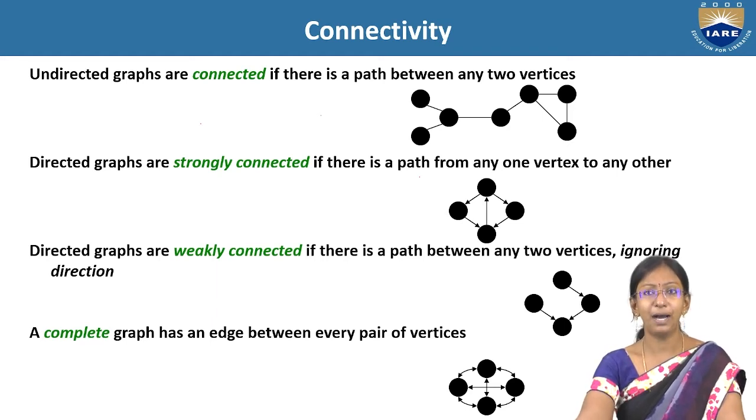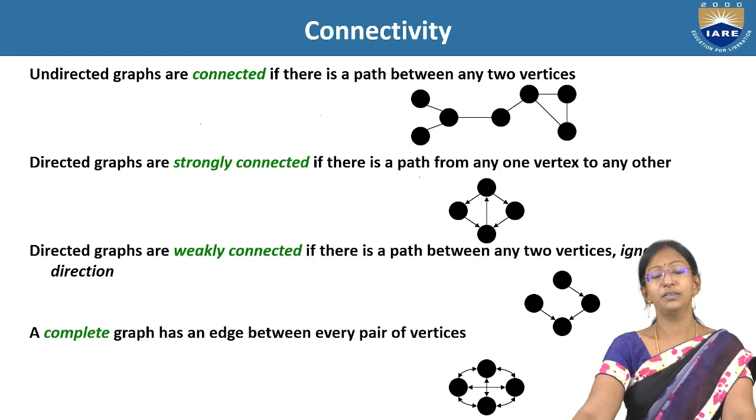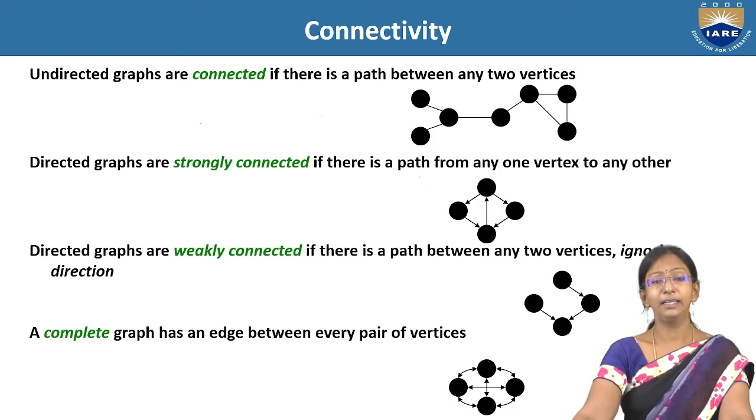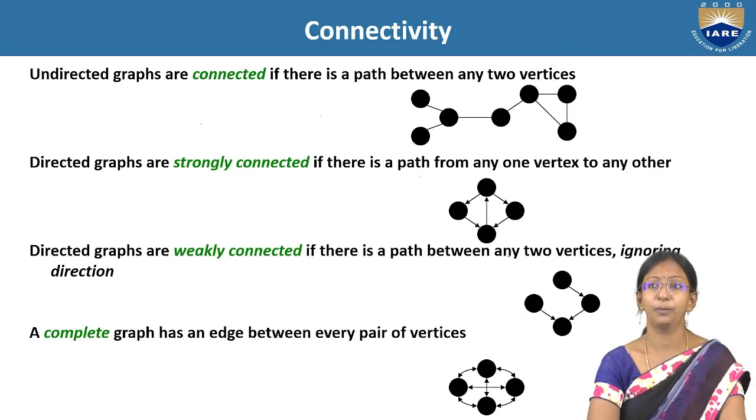Coming to directed graphs which are weakly connected: if there is a path between two vertices, ignoring their directions, then it is a weakly connected directed graph. Have a look at this one.